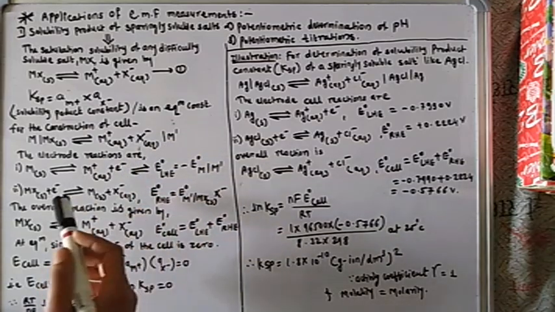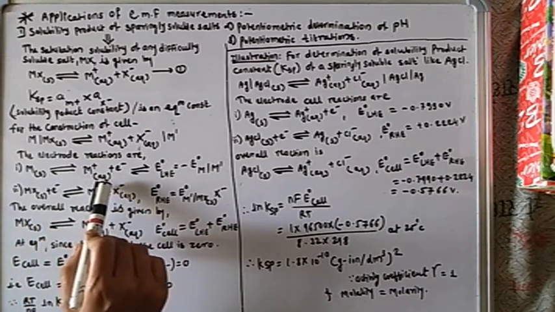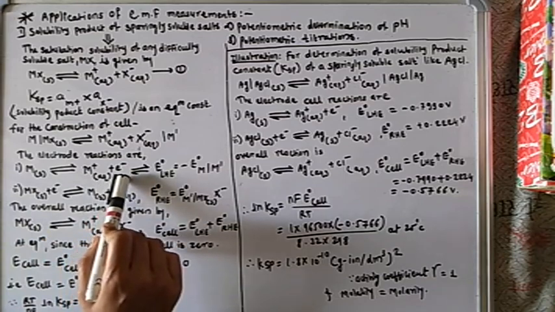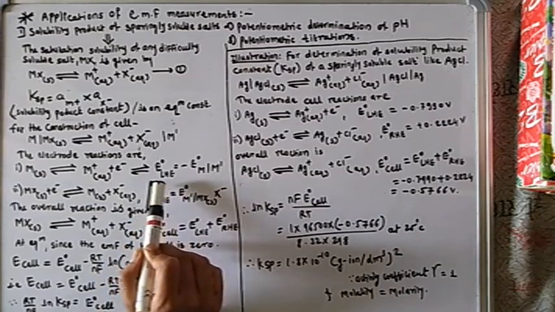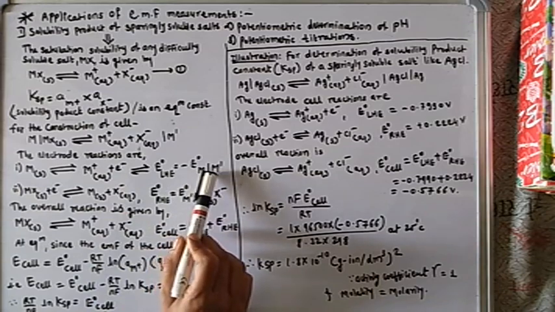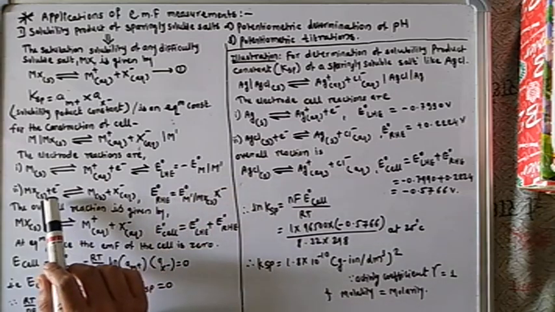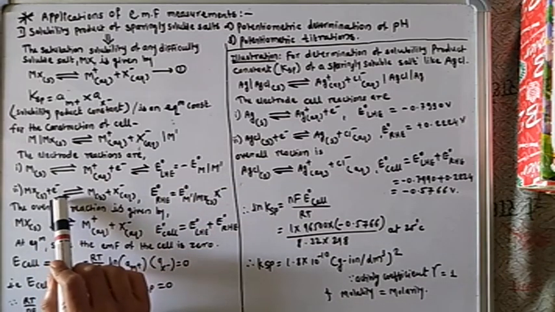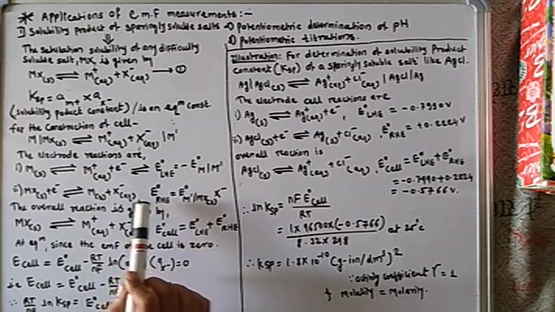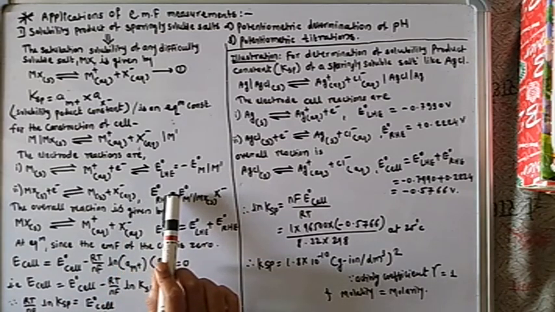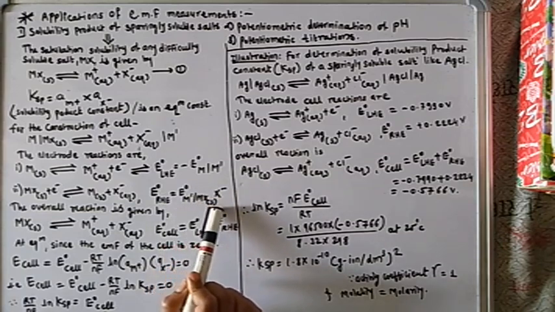The electrode reaction is M solid reversible gives M+ aqueous plus electron, and the electrode potential is E standard of left hand electrode equals minus E standard of M'. For the right hand electrode, MX plus electron reversible gives M solid plus X- aqueous, and the standard potential is E standard of right hand electrode equals E standard of M', MX solid, X-.